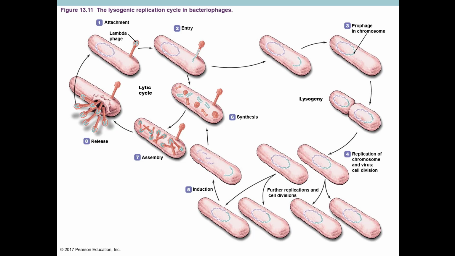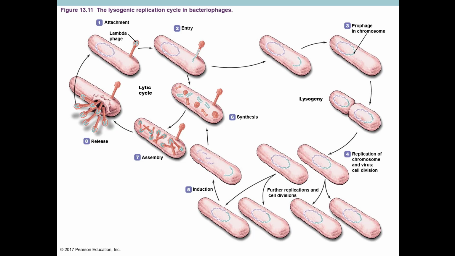right side of the screen where the phage chromosome integrates onto the host cell chromosome. So here they're showing it as a greenish blue, becomes part of the purple host cell chromosome, and it gets copied. The cell doesn't even know it's been infected, and it copies it every time the cell divides, but at some point that virus becomes reactivated.